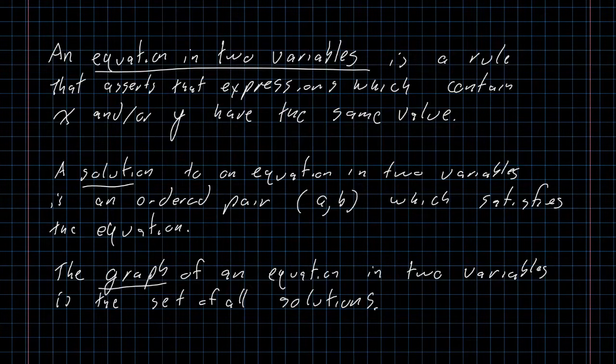You'll also, in those contexts, hear people talk about the locus of points, which is another way of defining a graph without having to rely on an equation. But again, those sorts of discussions are counterproductive to our focus here in this course. So we're going to stick with this simplified definition.